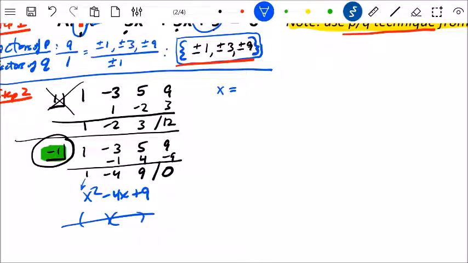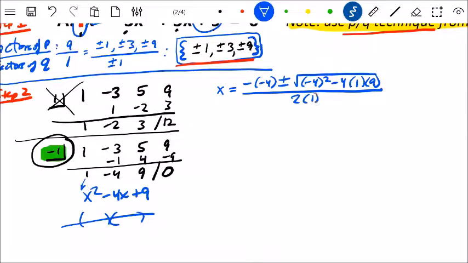X equals -b, which is -4, plus or minus square root of b squared, -4 squared, minus 4 times a times c. All of that divided by 2 times a. So what I did here is I recognized that a is 1, b is -4, and c is 9.